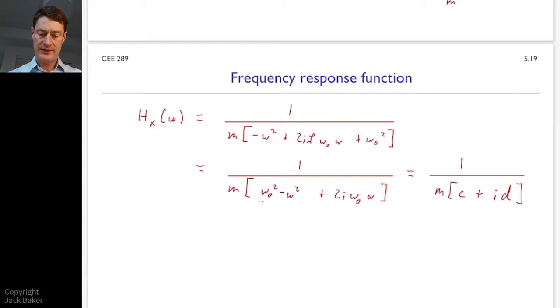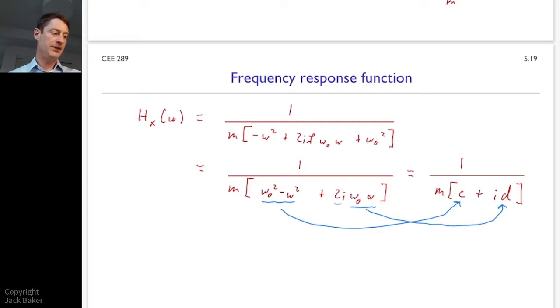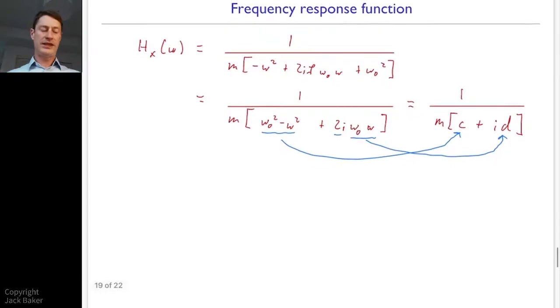So c is all that stuff, and d would be the 2 omega naught omega, everything but the i. The reason I'm going to write it that way is because I'm going to get a complex conjugate in just a second.